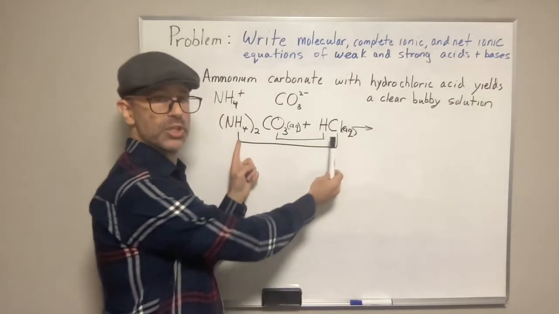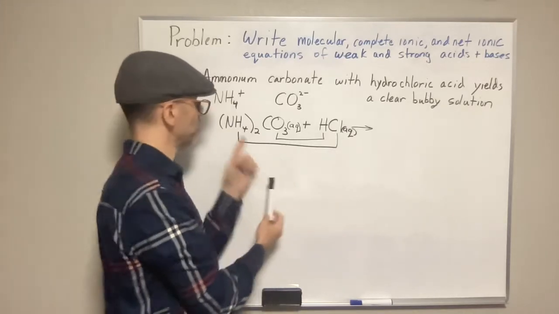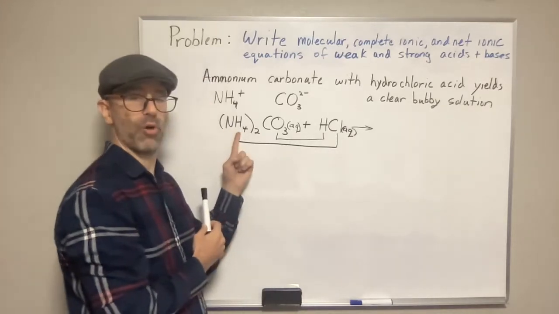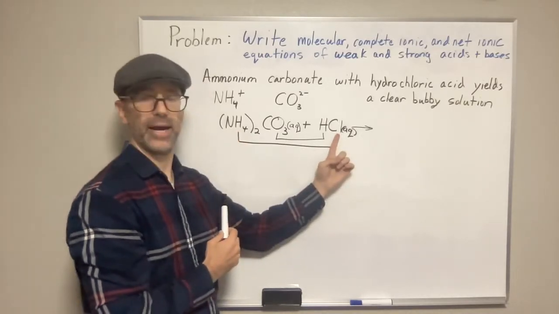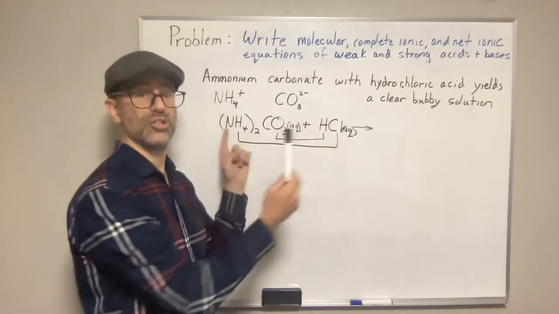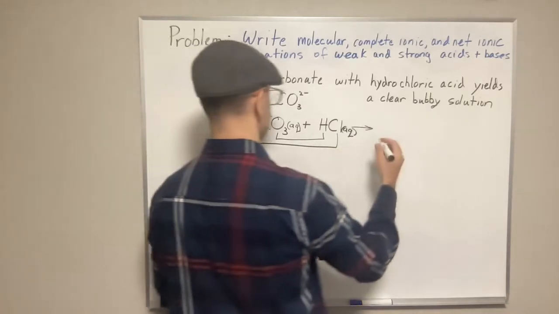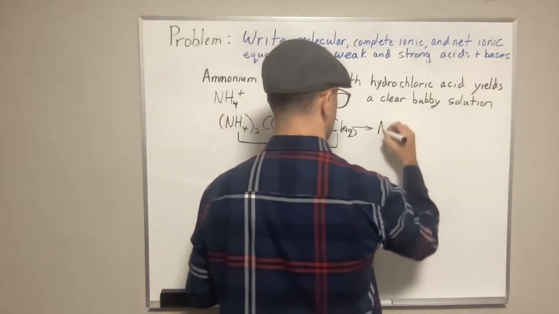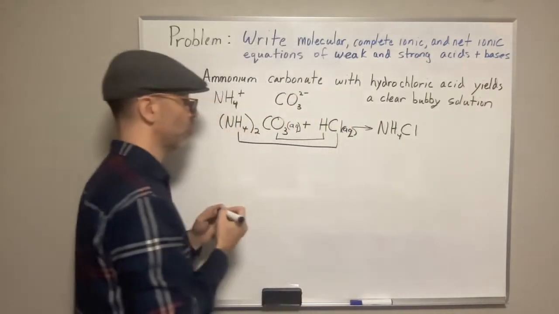So all we need to do is put the ions together and balance the charge to write the formula. So here, NH4, the ammonium ion, has a +1 charge. Chloride ion has a -1 charge, so it's the same charge. So we can put 1 to 1 together. So that's going to be NH4Cl, ammonium chloride.